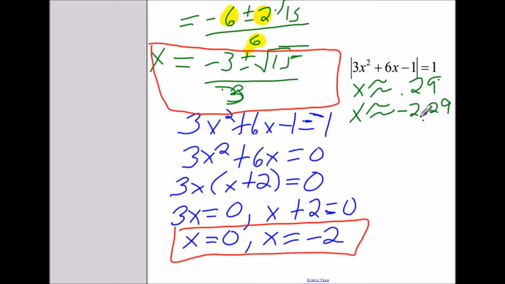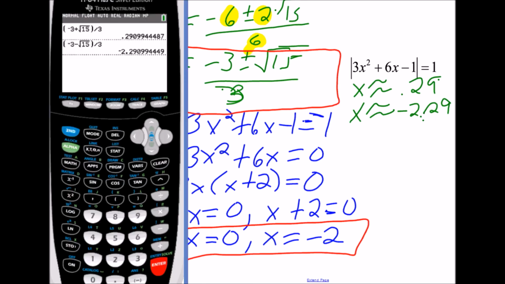All right, so back to the calculator again. I'm going to now do 3 times 0.29 squared plus 6 times 0.29 minus 1. Now my question is, does that equal 1?